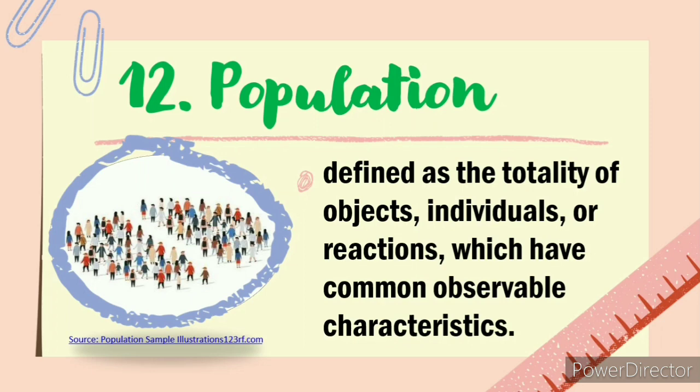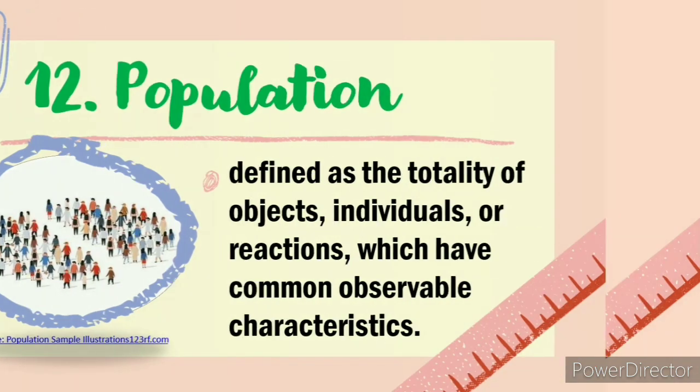It is defined as the totality of objects, individuals, or reactions which have common observable characteristics. Some examples of populations are the students in a particular school, employees of a company, books published by a publishing house, or manufactured articles in a certain firm.